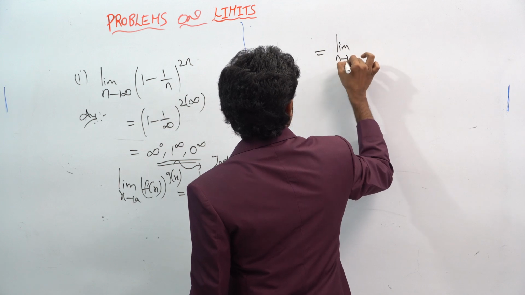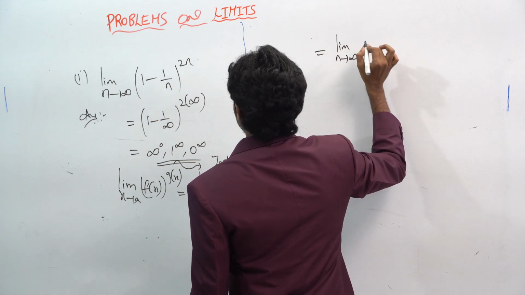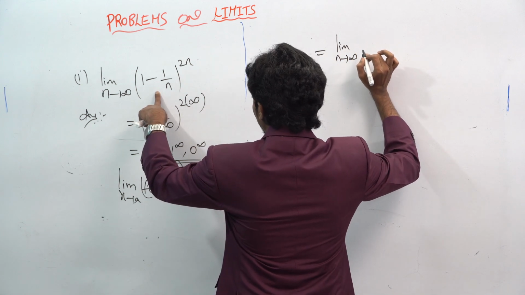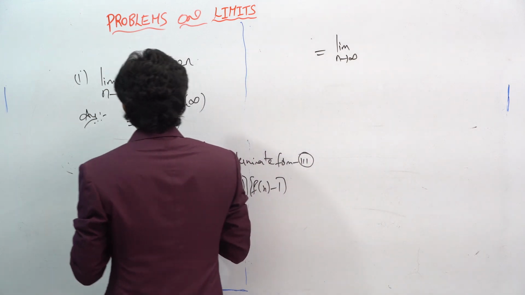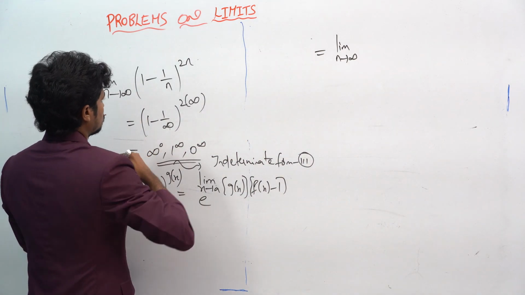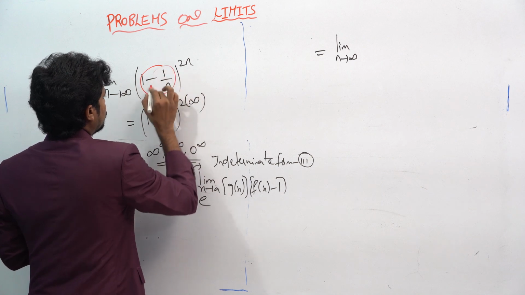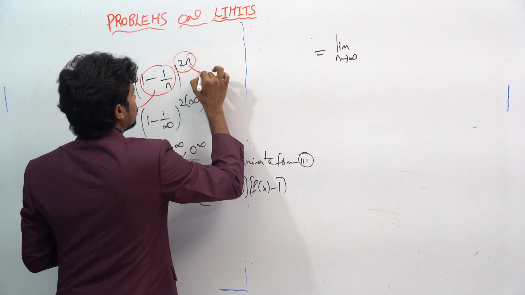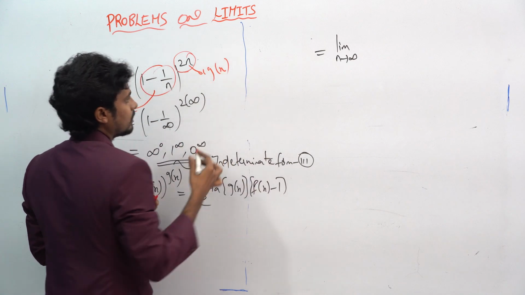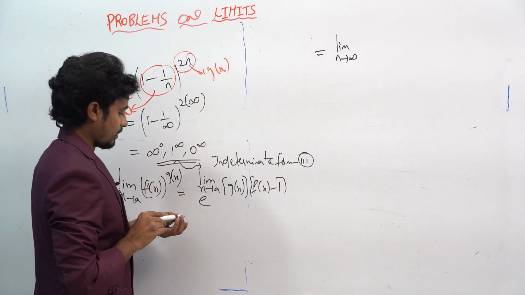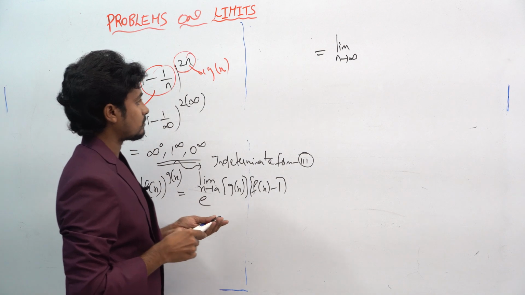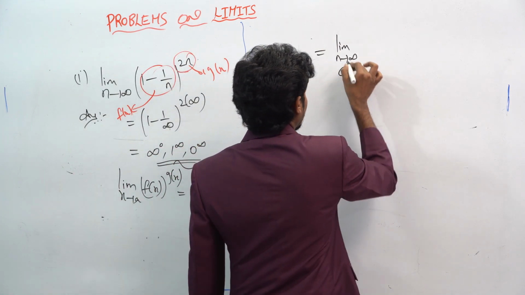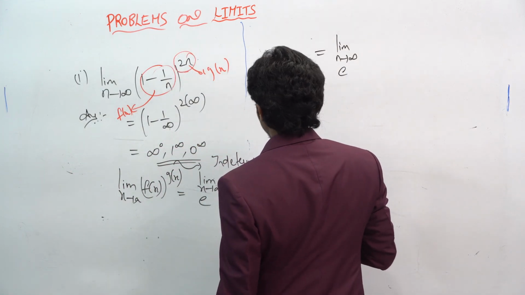Limit n tends to infinity. Here this is the f of x and this is the g of x. Our formula is e power limit n tends to infinity.